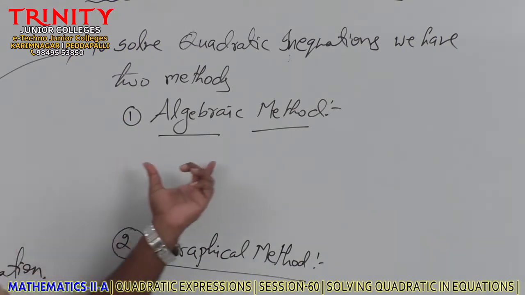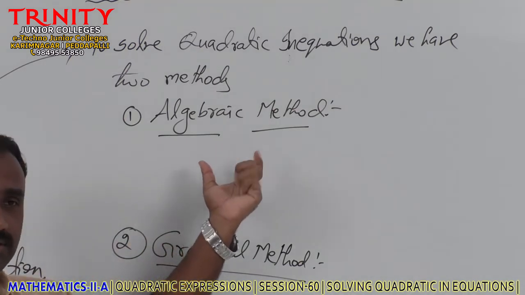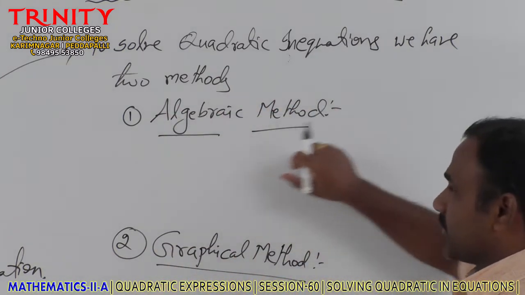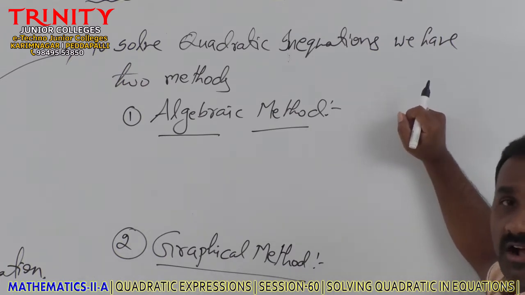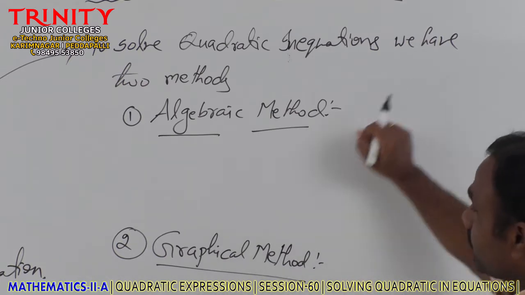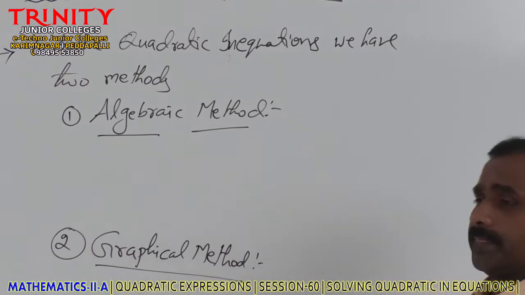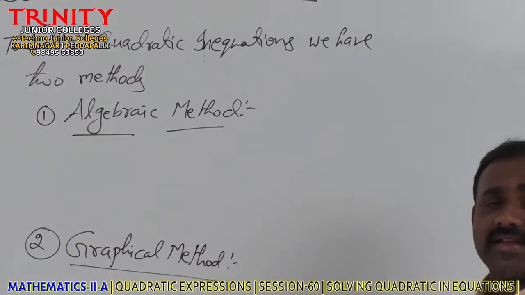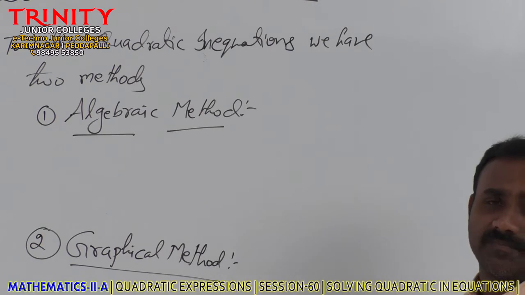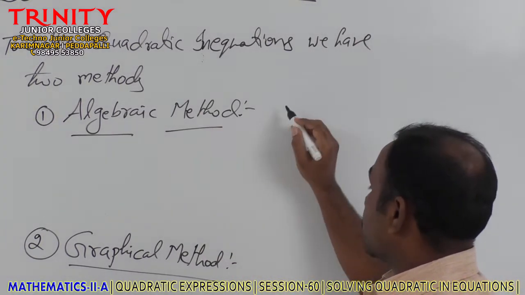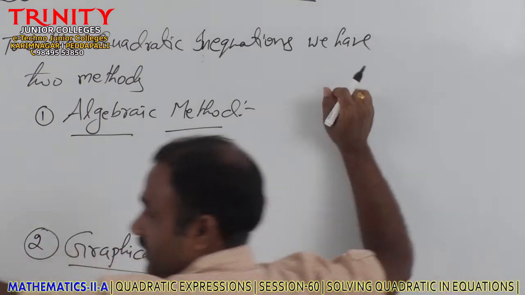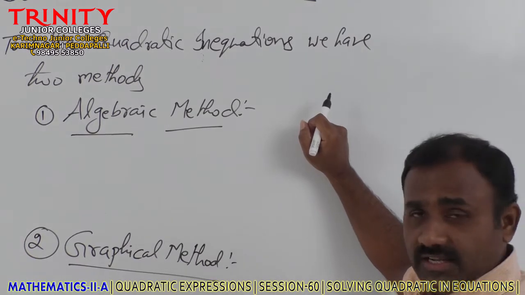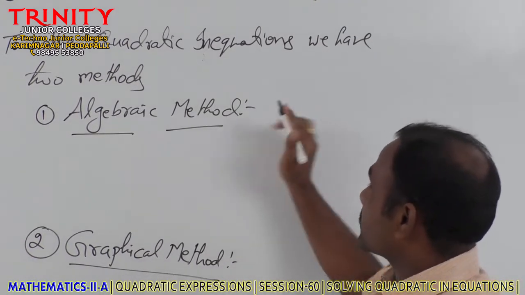What is this algebraic method? Already we have discussed it, but we didn't use the word algebraic method. We did so many problems based on algebraic only, but we didn't know that it is called the algebraic method. In the algebraic method, the solution of the quadratic inequation depends on the sign changes of the quadratic expression.